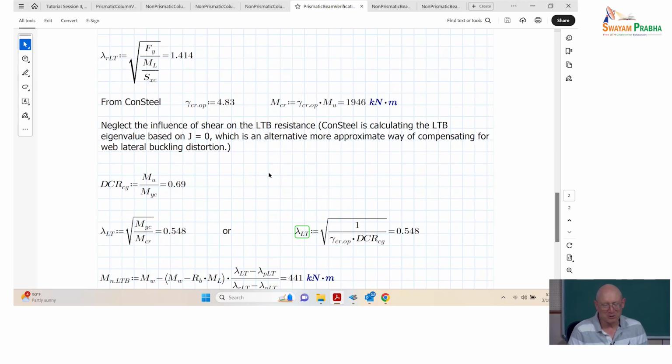So here, in the interest of using Consteel with the way it's programmed right now, and in the interest of not taking a lot of time walking through that additional part, we're just going to do it with J equals 0. That's what was done in Consteel with getting this gamma critical out of plane. So RB is being used as a surrogate for a lateral distortional buckling factor for the elastic buckling range.